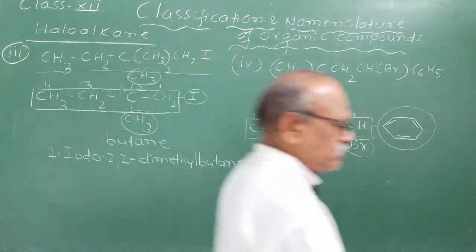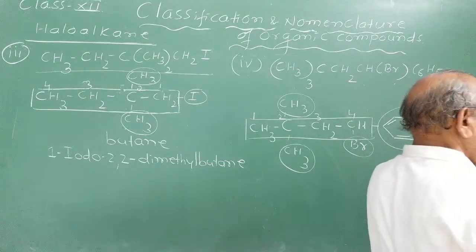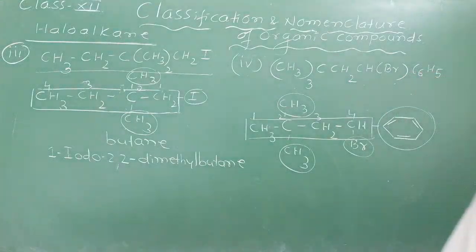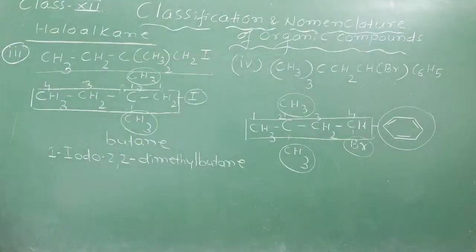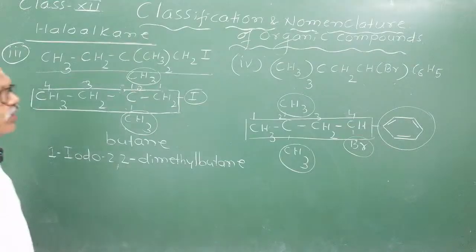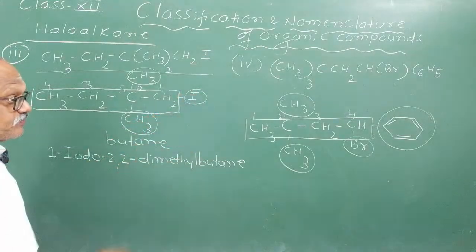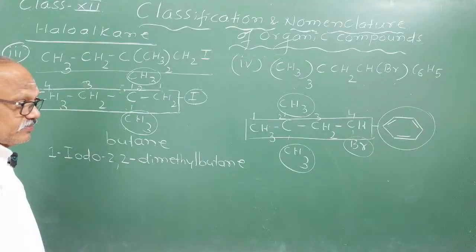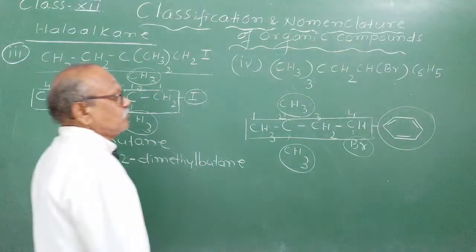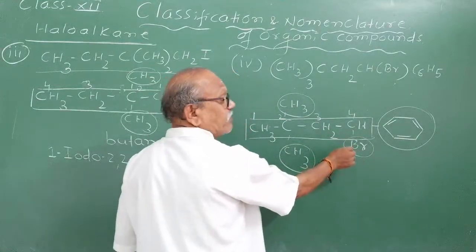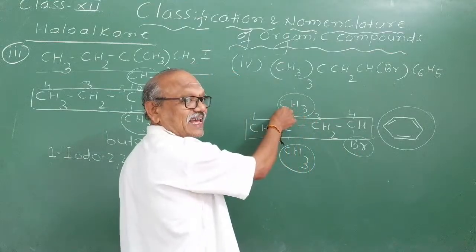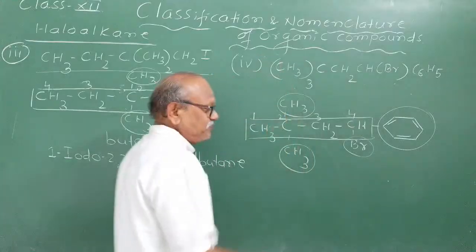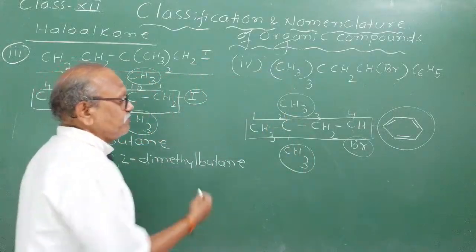Write the IUPAC name of this compound. Bromo is there. 4-bromo comes first, since alphabetically B comes first. A, B, C, D, E, F, G, H, I, J, K, L, M. Phenyl comes last. Then how to arrange the prefixes?